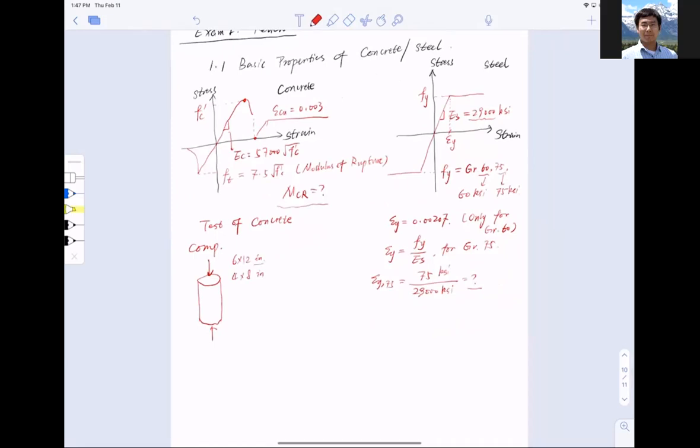I really prefer to see English units or the US system. I don't want us to use the 150 millimeter cube anymore, so it's always going to be 6x12 or 4x8 inch cylinders. For those of you who are interested, we need at least 5 to 6 cylinders for 4x8, and at least 3 to 4 cylinders for 6x12.